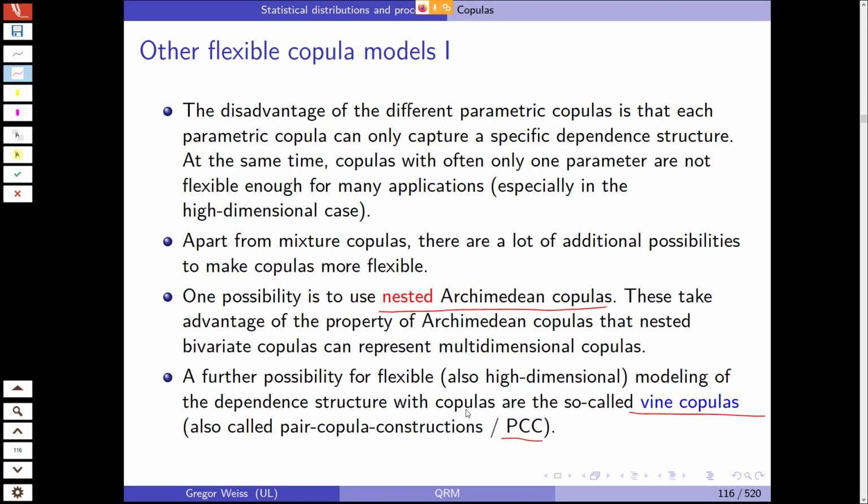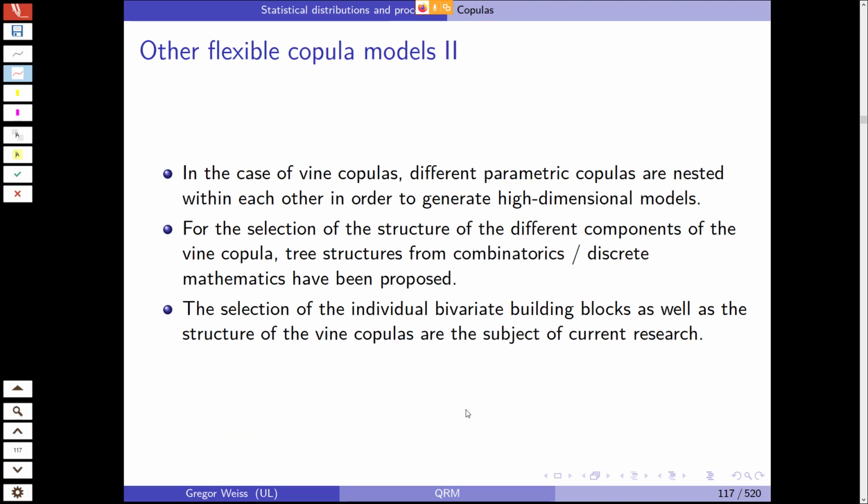So you don't want to take just a Gaussian copula or a Student copula, but you want to recombine different copulas so you have more flexibility in modeling your dependence structure. In the case of vine copulas, you have different parametric copulas nested within each other in order to generate high dimensional building blocks and high dimensional copula models. Again, look to the literature.